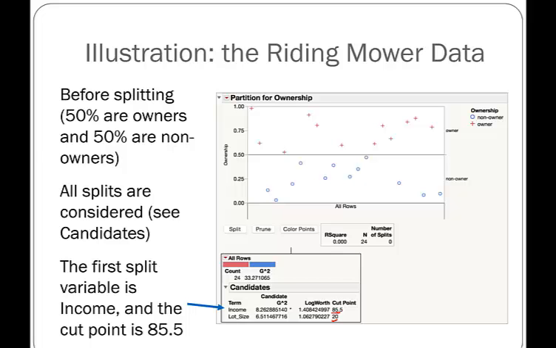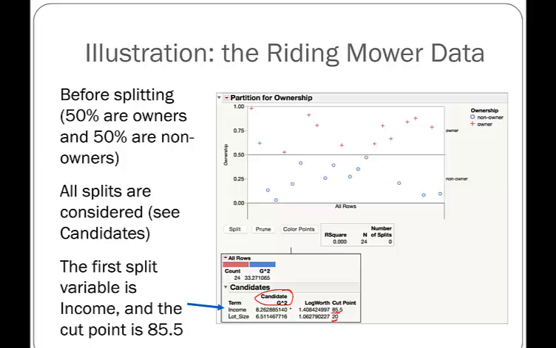And we can see that the income split is better than a lot size split, at least initially, by looking at the candidate G squared value, and whichever of those is highest is the one that is a better split. We can also look at the log worth, and whichever one of these is higher also indicates the better place to split.